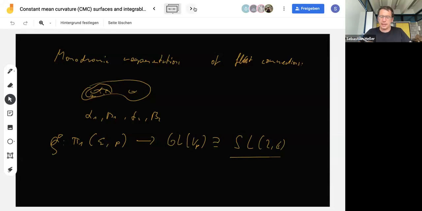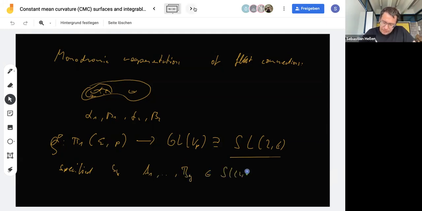And it's basically clear that this monodromy representation is specified by the following: if we have a parallel frame along one curve and we go along another curve, we just take the product of the two monodromy matrices. So it is specified by A1 up to BG, which are SL2C matrices.